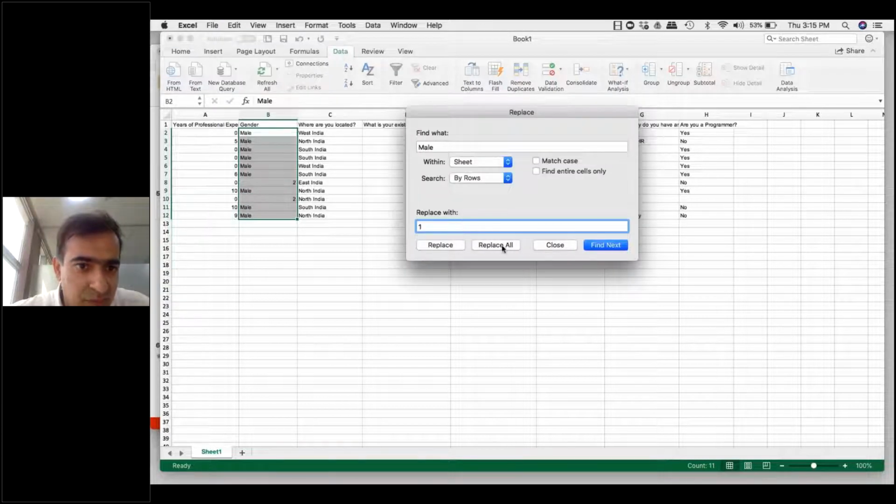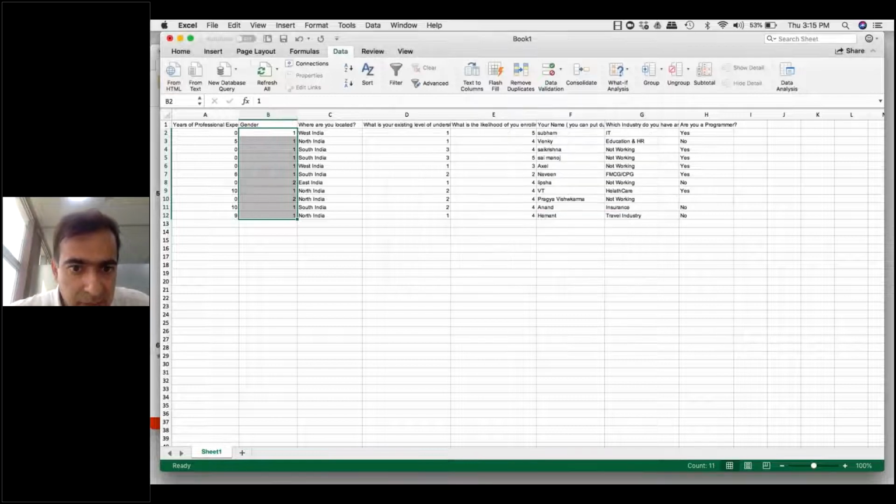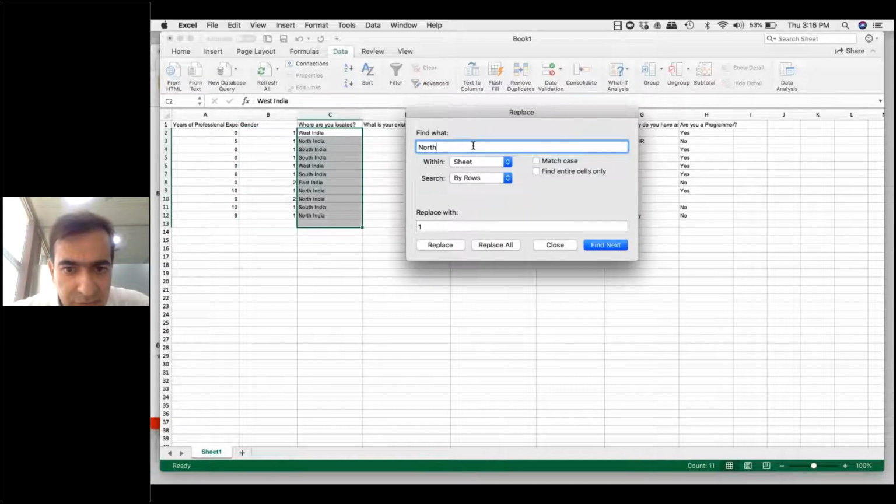Now let's convert the location data as well. I'll go to edit, find, replace. I will replace North India with 1. There are 4 from North India. I would replace East India by 2. Okay, 1 from East India.